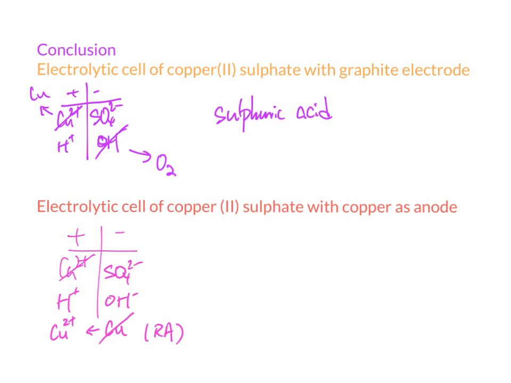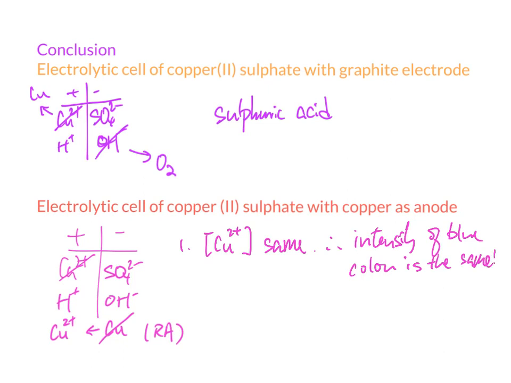The Cu2+ discharged at the cathode will be replenished by the Cu2+ released from the anode. So the very important thing is the Cu2+ concentration is the same. Therefore, the intensity of the blue color of the solution is the same.